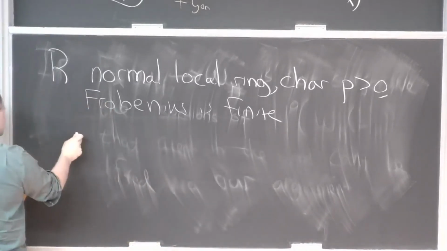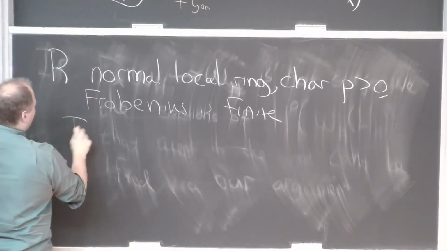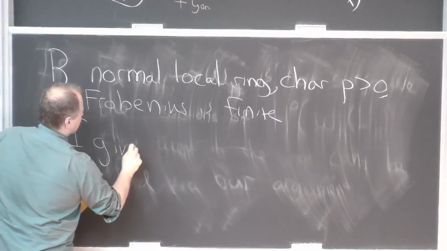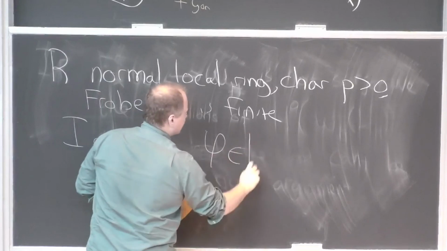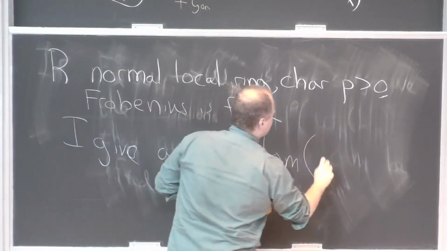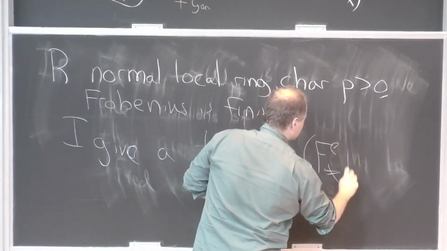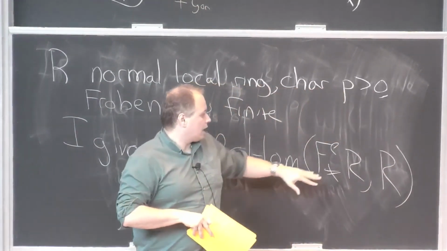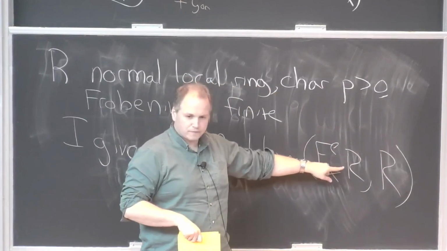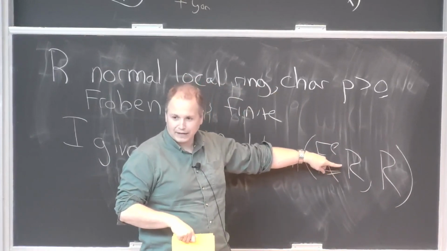And let's say I give you a map, some phi in Hom_R(F^e_* R, R). All right, I need a little bit of time to explain this notation here. F^e_* R, this is not the push forward in the category of rings or anything like that.